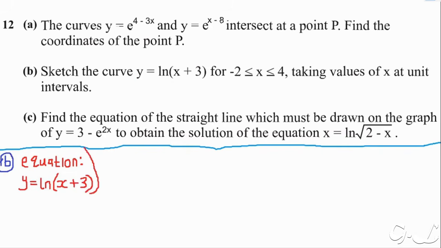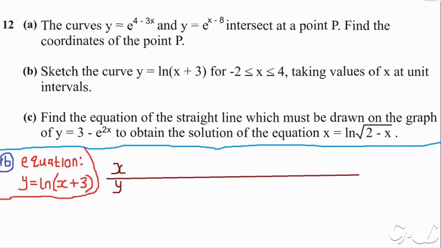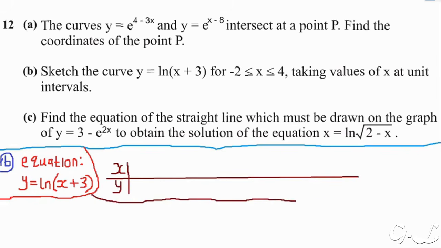So now we have to find the coordinates. Now, how are we going to find the coordinates? We have to use that same equation for us to find the coordinates.